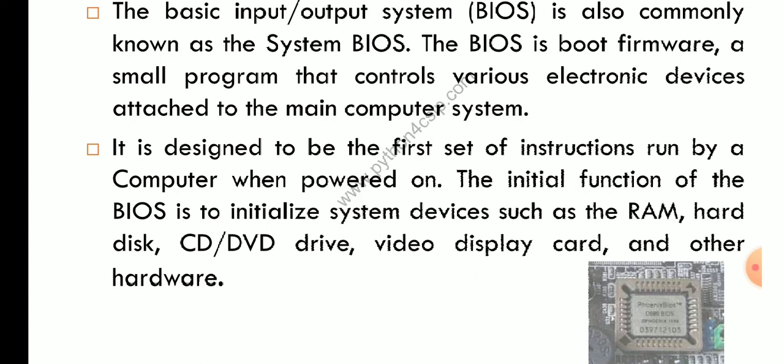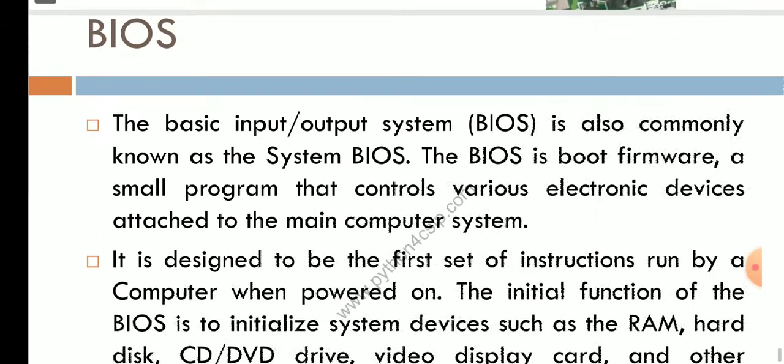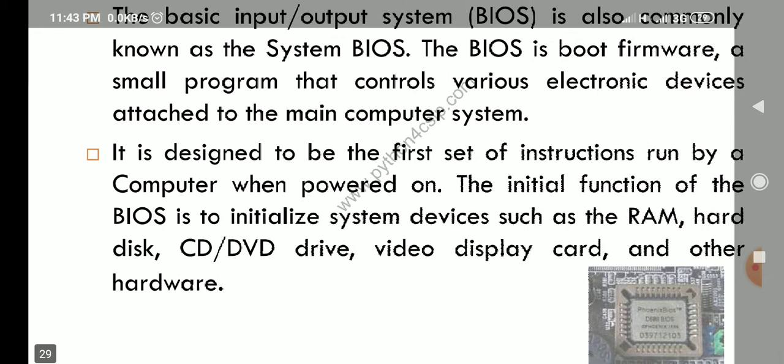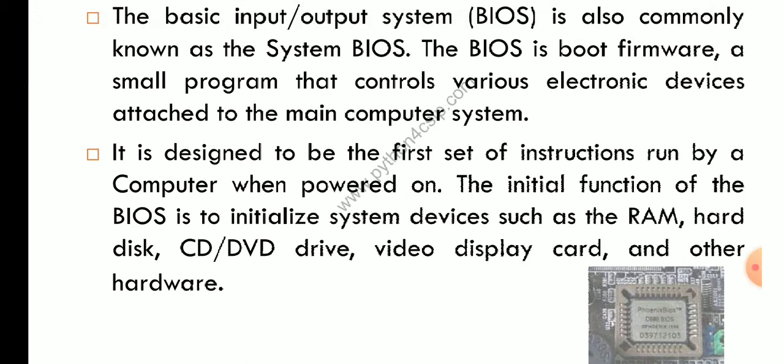This is our BIOS program, which initializes all the devices like RAM, hard disk, CD drive, video display card, and other hardware. So without the BIOS program, we cannot perform anything in our CPU. I hope you have understood what the devices present inside our CPU are. We'll continue with the next topic in the next class. Thank you.